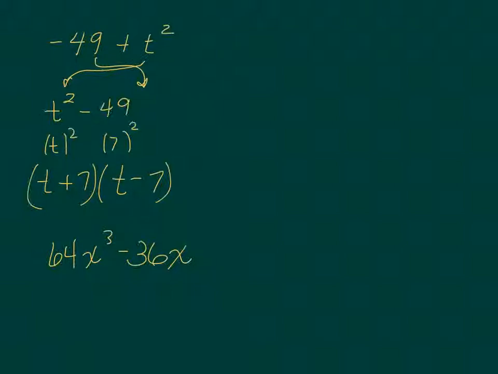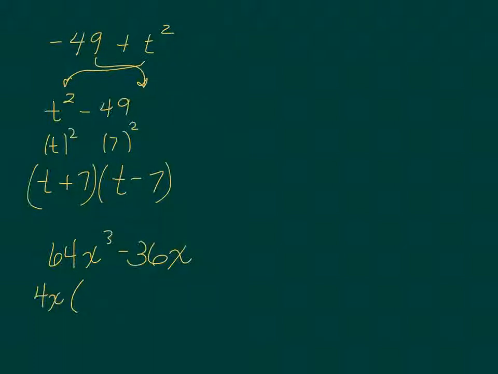Let's see, I think they might both be divisible by 4. Yeah, so they're both divisible by 4, so they have a factor of 4, and I have an x in both. So I'm going to take a 4x out of there. So even before we can start using steps 2, 3, 4, or 5, we have to apply step 1.